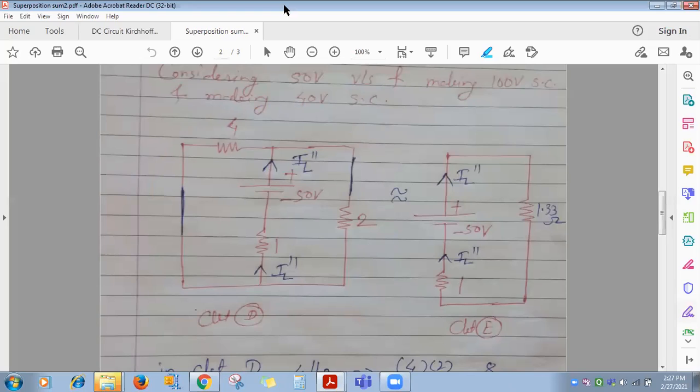Yes, ma'am. Okay. So see here, we are interested only in finding out current through 1 ohm resistance. That is the load resistance. So only a single voltage source is there now.